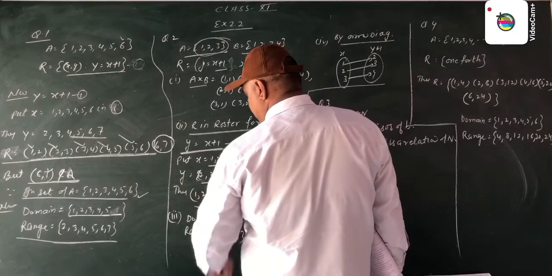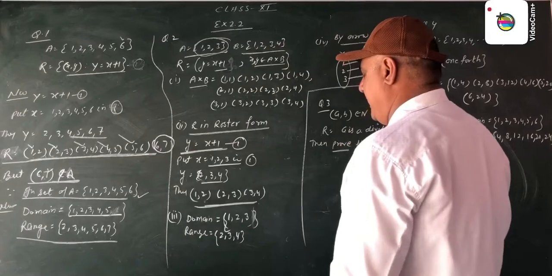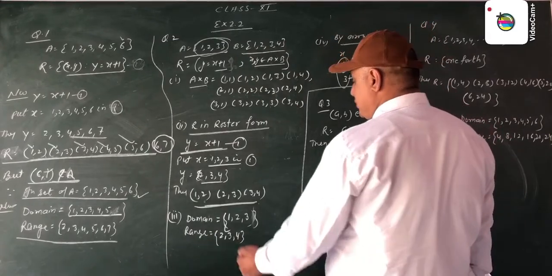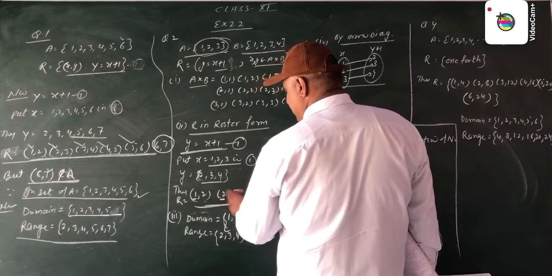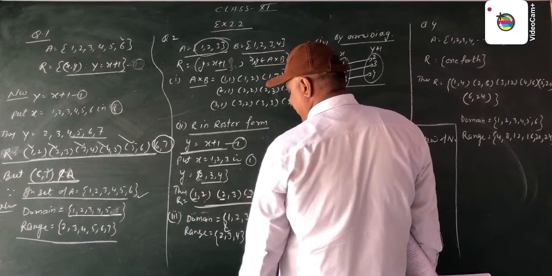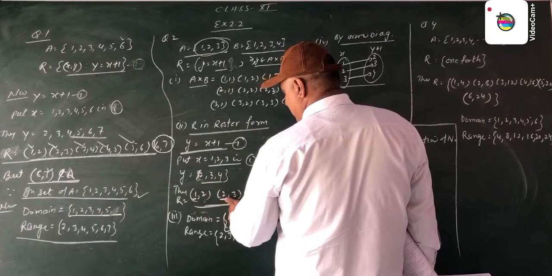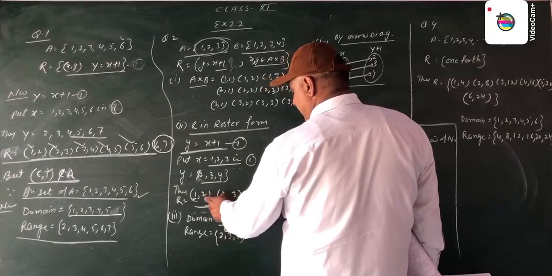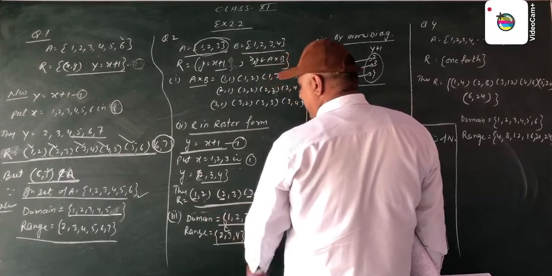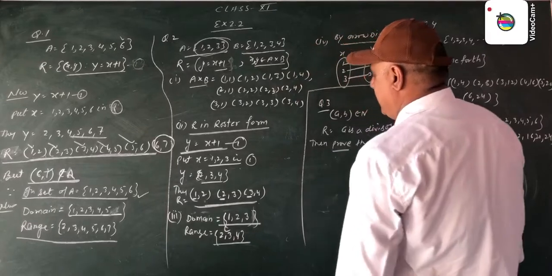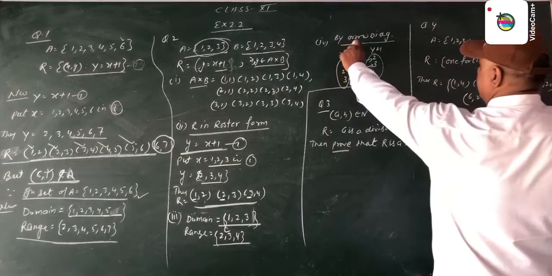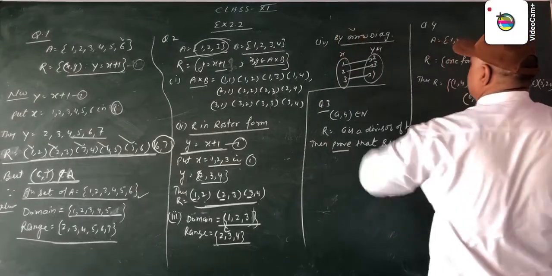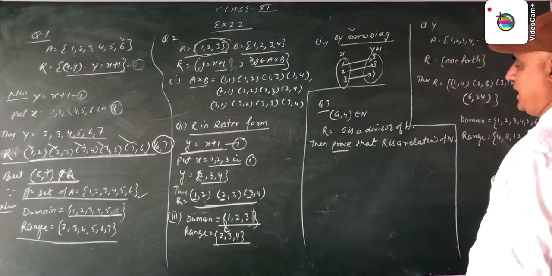The third part says to find the domain and range. Now this is your R. In R, the first component is the domain and the second component is the range. So 1, 2, 3 is the domain and 2, 3, 4 is the range of this relation. Now the fourth part says to show this relation by an arrow diagram.